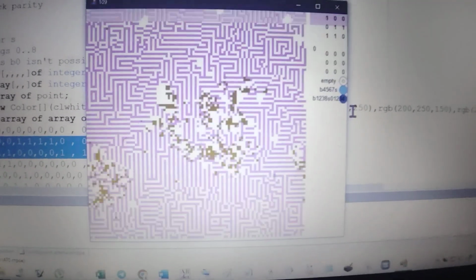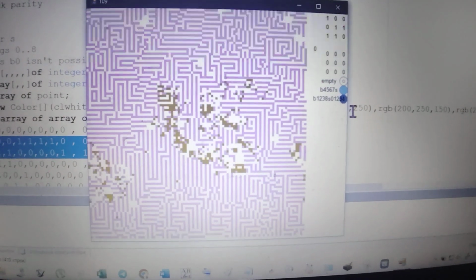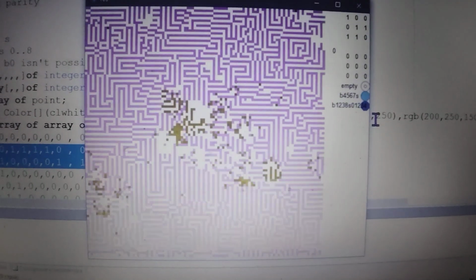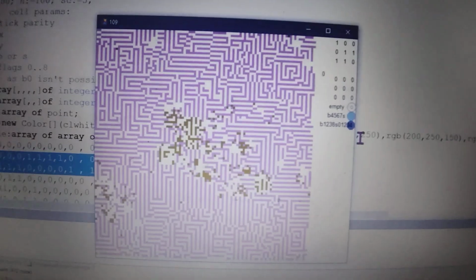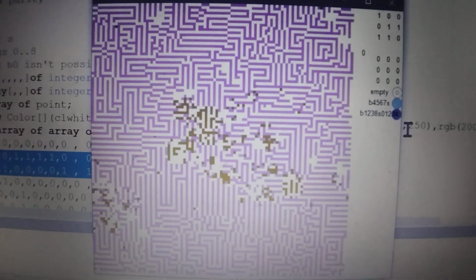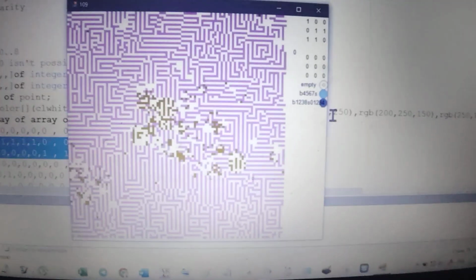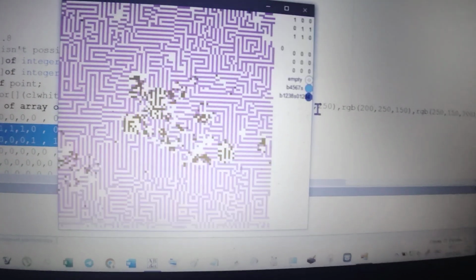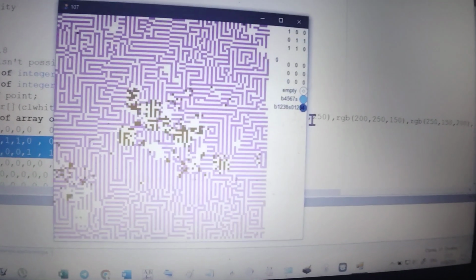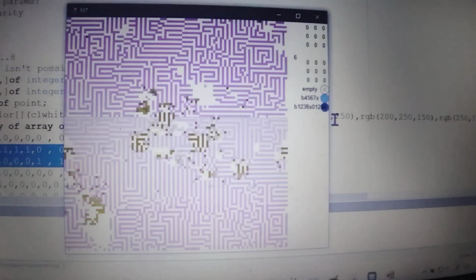It just kind of mixes in, or even becomes part of the labyrinth. Yeah, it kind of formed another labyrinth. Didn't think it could be possible at all. Let's watch it a little.